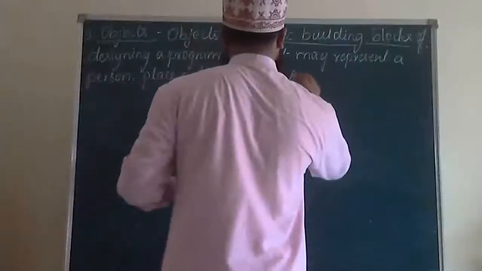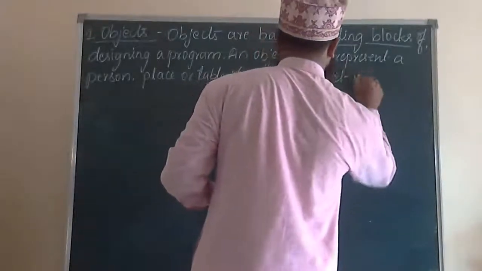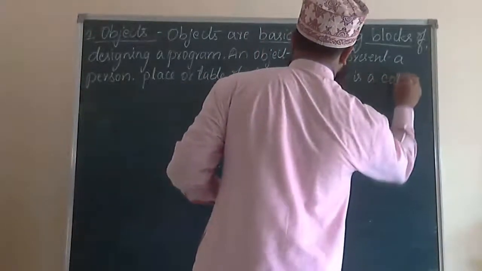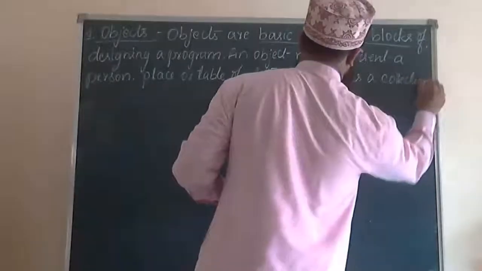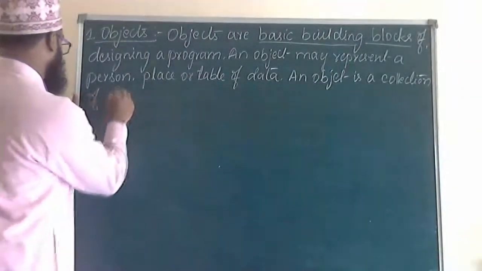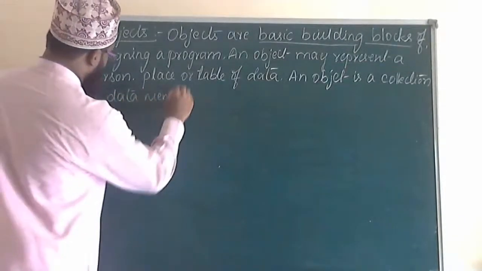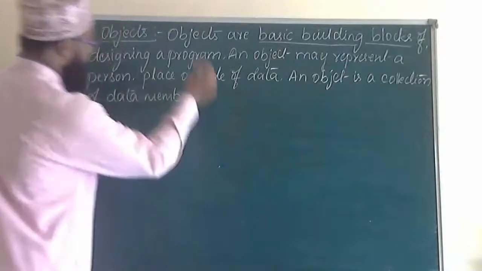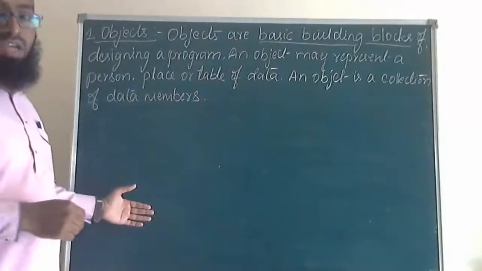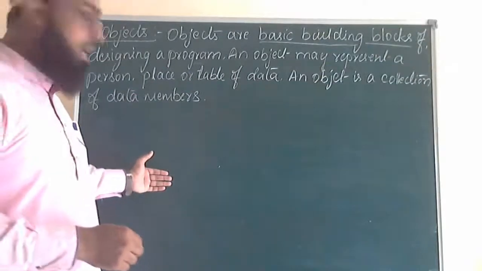An object is a collection of data members. The things which I have written under the private access specifier are called data members.